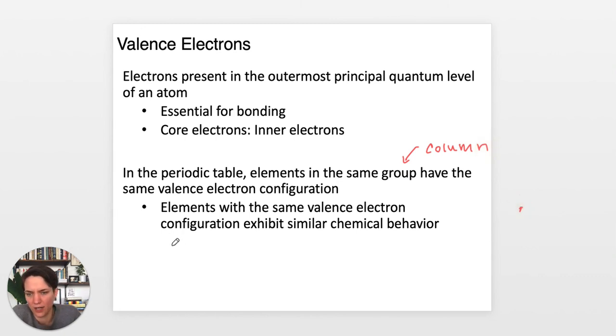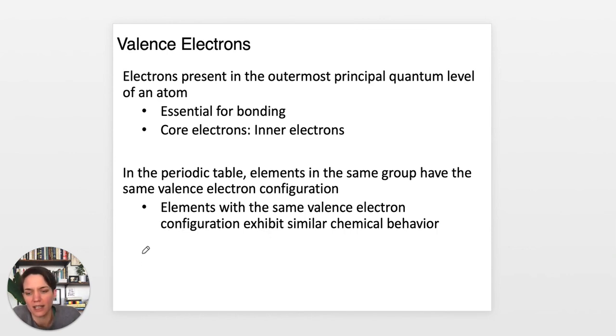That makes sense, right? So we look at sodium, and we know that it likes to form a +1 cation. We look at potassium, likes to form a +1. Lithium likes to form a +1. They all like to lose 1 electron to give them noble gas configuration. So we've already talked about this relationship, that if you're in the same column, you have the same chemical behavior.